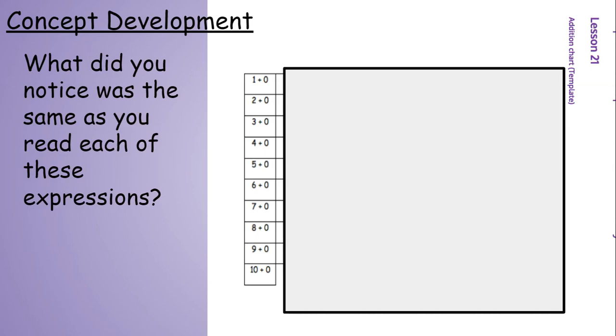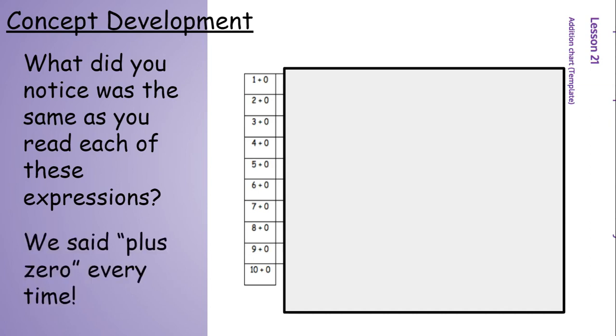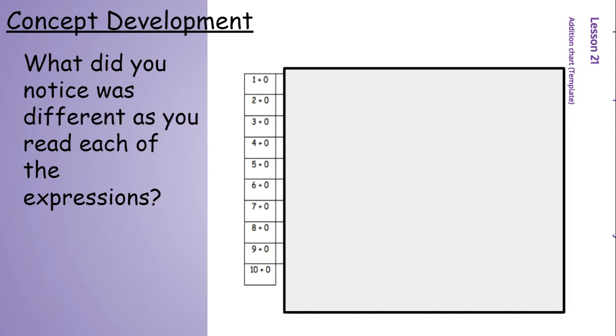What did you notice was the same as you read each of those expressions? We said plus 0 every time. What did you notice was different as you read each of the expressions?